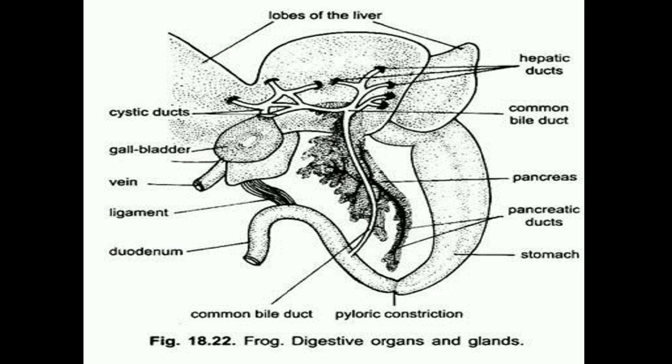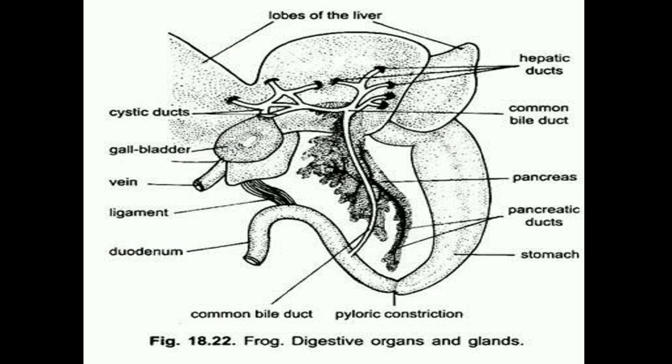But as I told you, this duct is not single, rather it is fused with the duct of pancreas. So pancreas is another gland. You can see it is an elongated, cream colored gland present in mesentery between stomach and duodenum. The secretion of pancreas we are calling pancreatic juice. It is carried by several pancreatic ducts into the bile duct, and then they combine together and open into duodenum through the hepatopancreatic duct.